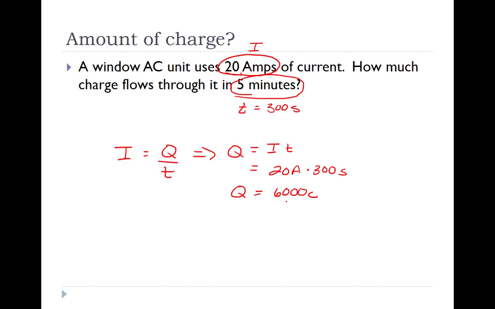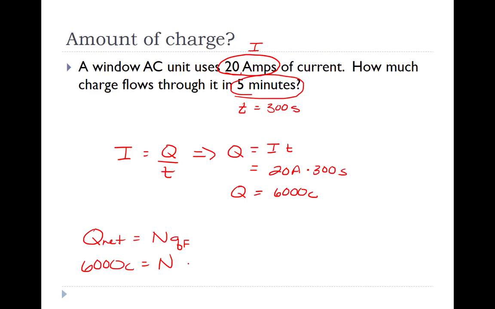Now, as an aside, as an additional question, I can ask, well, how many electrons does that correspond to? And for that, I bring this formula back forward. My total charge is 6,000 coulombs.